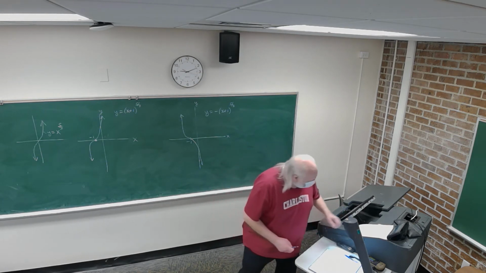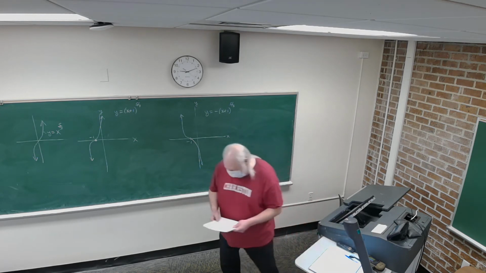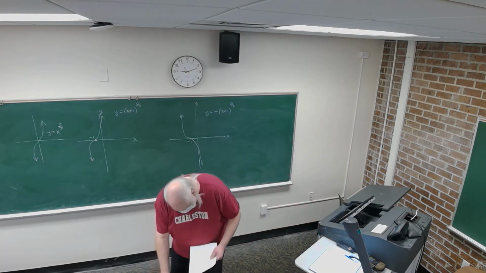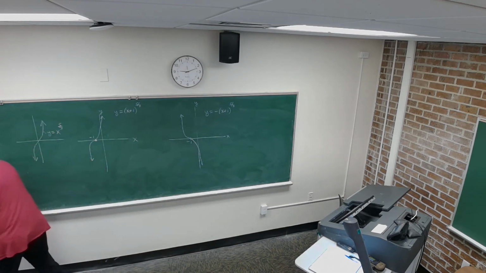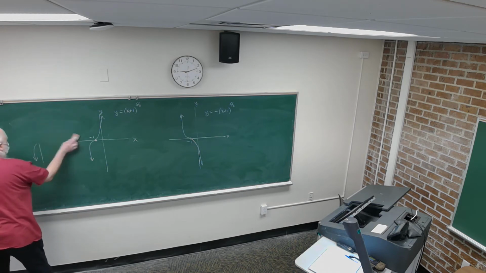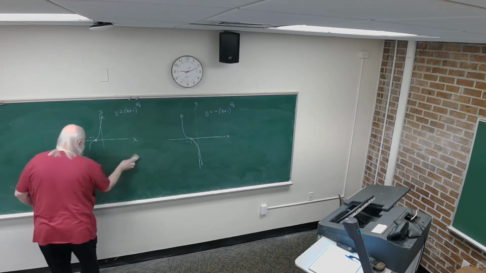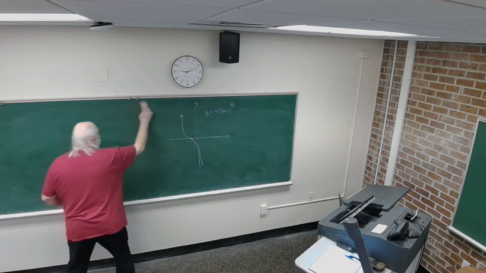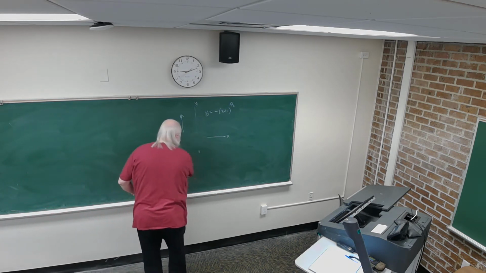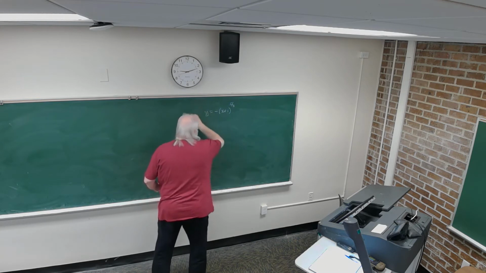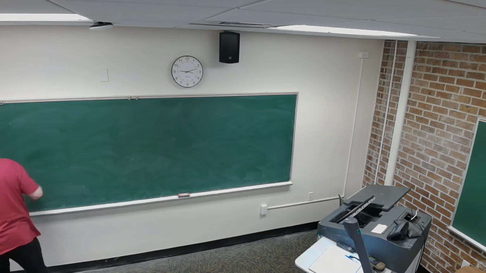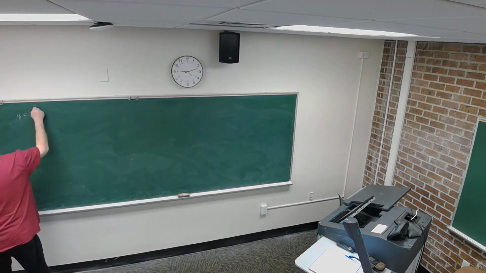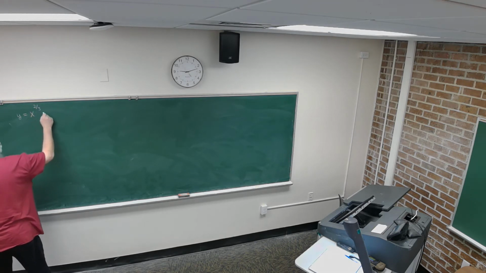So, you know what, these I'm going to do on the board. So the first equation on the left, we have y is equal to x to the 2/3 minus 4.